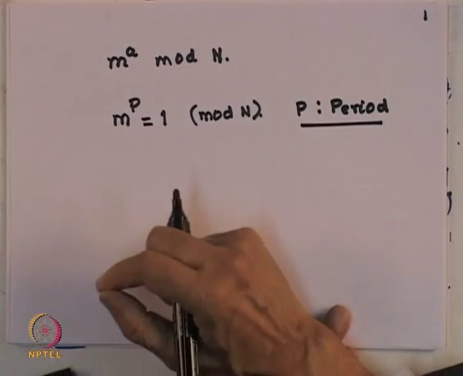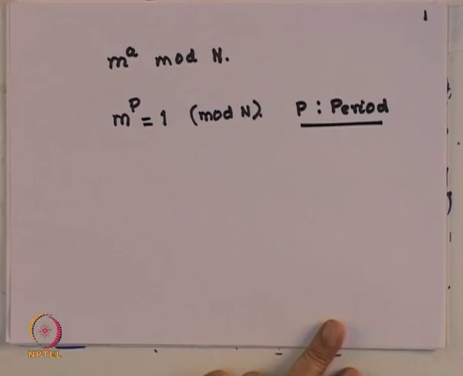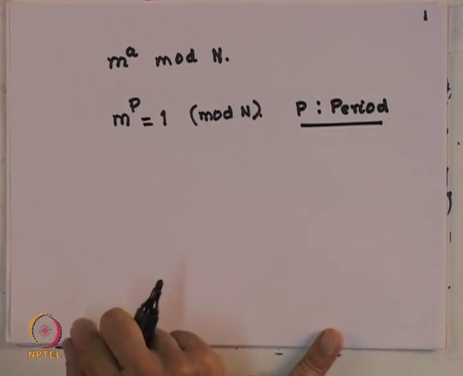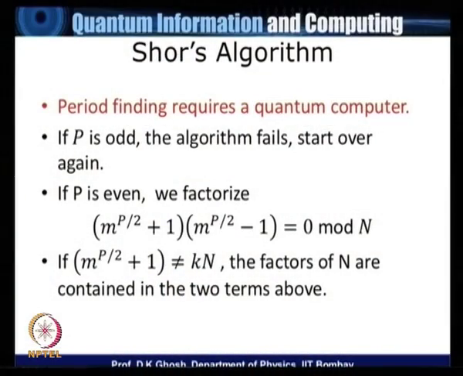And our ability to factorize a large composite number lies in our being able to find p. As we have pointed out, for large composite numbers our only way is to have a quantum computer which can determine the period p.